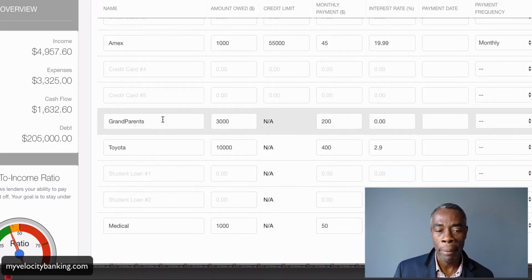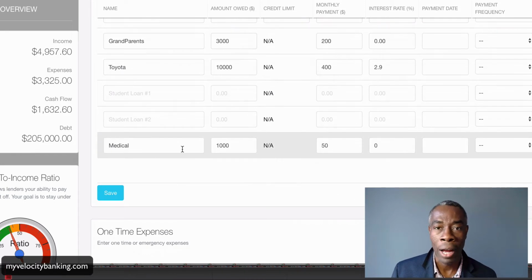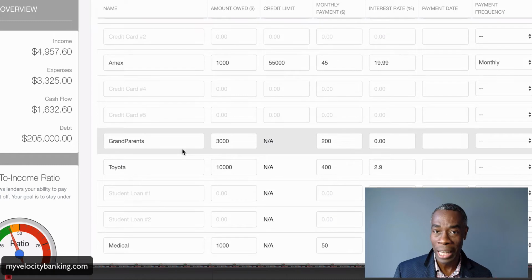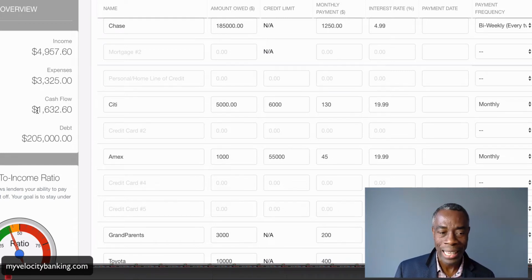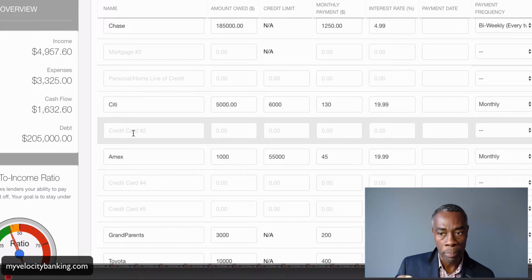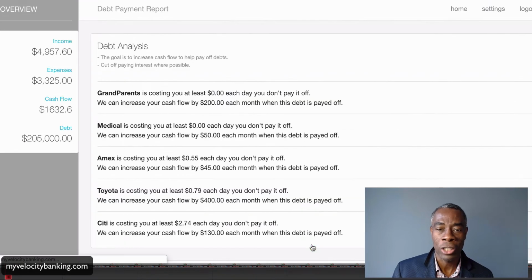They have to pay off their grandparents, their car, and they've got some medical bills to pay off as well. Now we're going to see how the chunking works under this scenario. Different scenarios will have different chunking amounts. This person happens to have a high cash flow, so they can do larger chunks. Let's take a look at what that looks like.